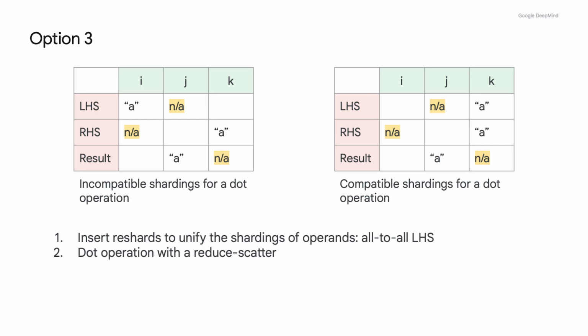And all these three options have been considered in the Shardy explicit reshards. We have built a cost model to measure the cost of each option and select the best one. Actually, it depends on the size of these factors. For example, if the LHS non-contracting dimension is very large, I is much larger than J, we will prefer the second option.